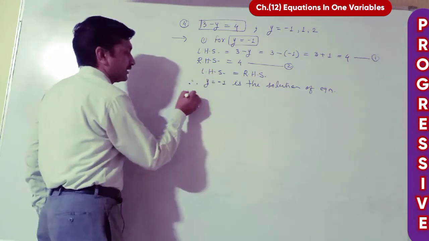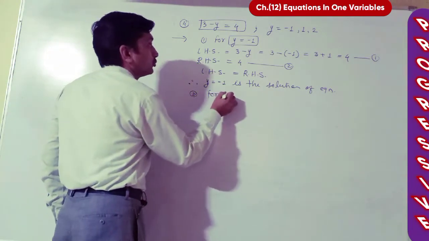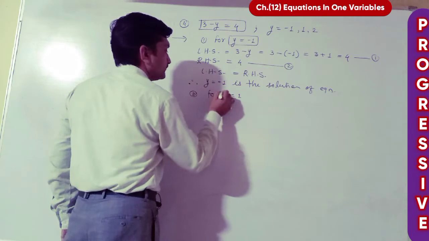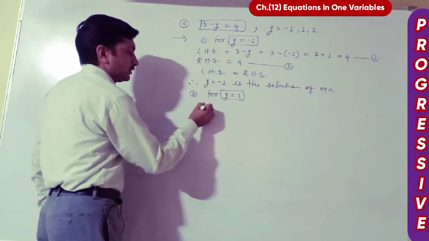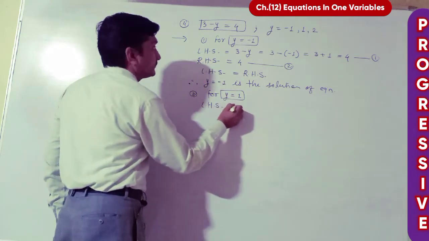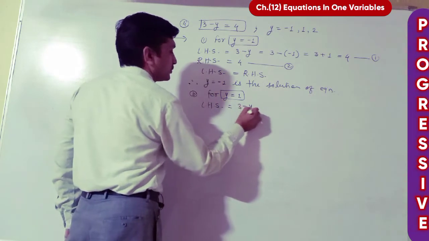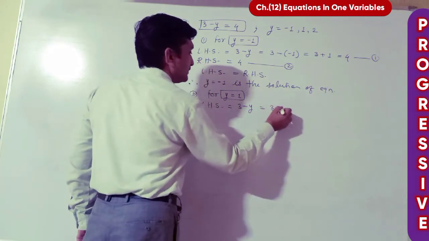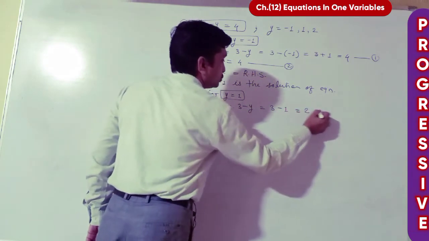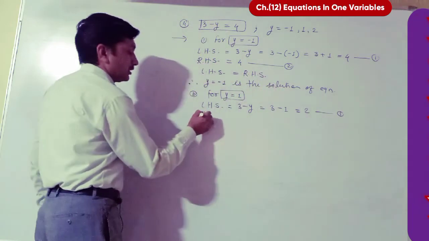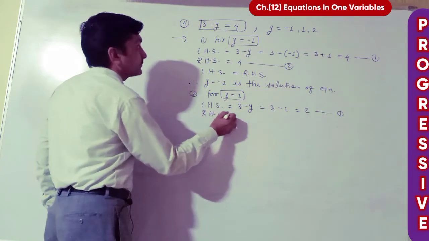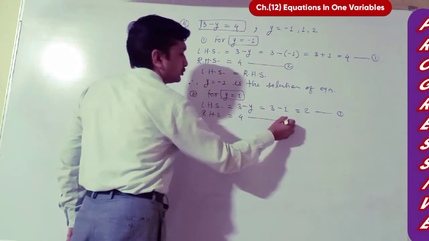Okay, second value, for y is equal to 1. Again write LHS, left hand side is 3 minus y, 3 minus 1, 3 minus 1 is 2, first. RHS is 4, number 2.